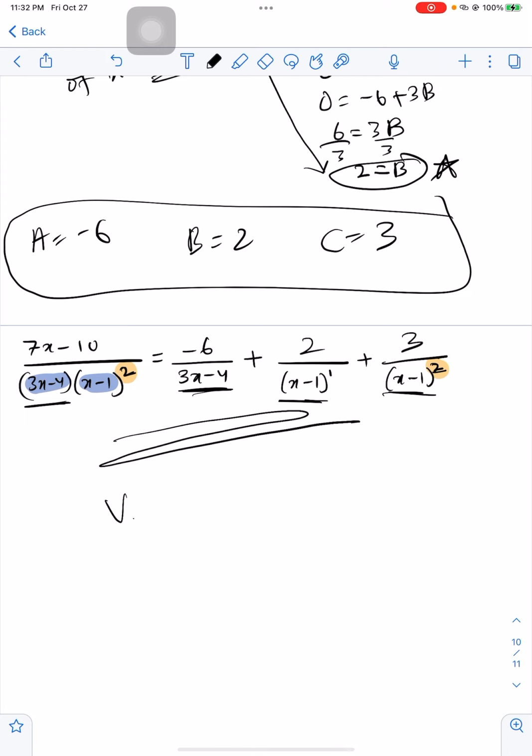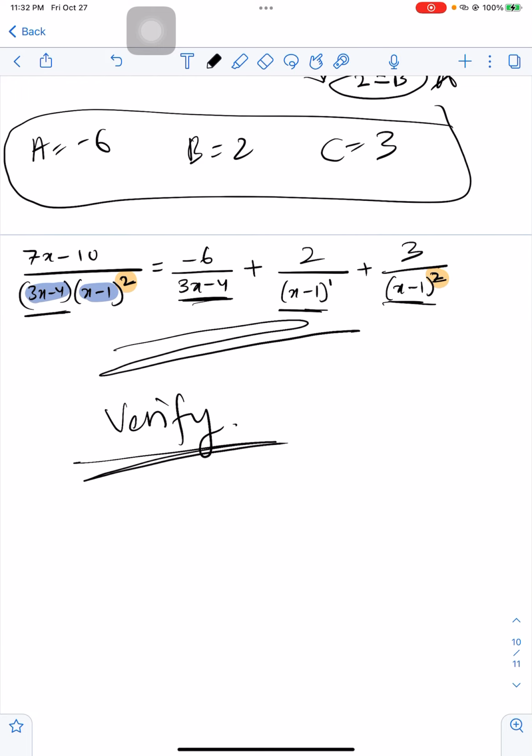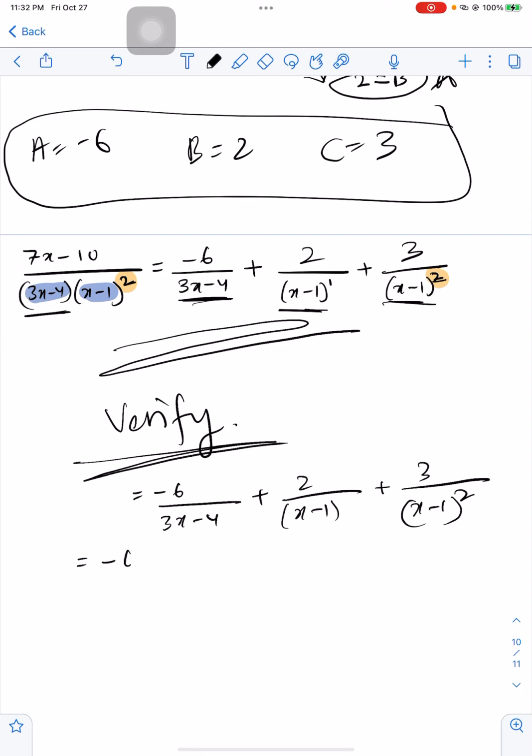This is the answer. Now you can verify. So you have negative 6 over 3x minus 4 plus 2 over x minus 1 plus 3 over x minus 1 whole square.